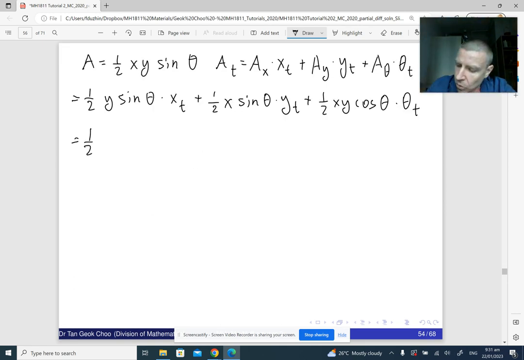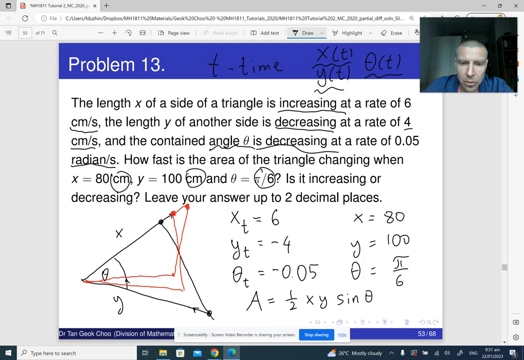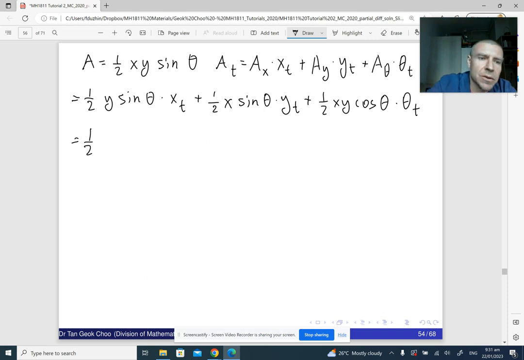So 1/2 y is 100, right? Y is 100. So times 100 times sine theta. Theta is pi over 6, so its sine is 1/2. 1/2 times x_t is 6. Okay, so plus 1/2.